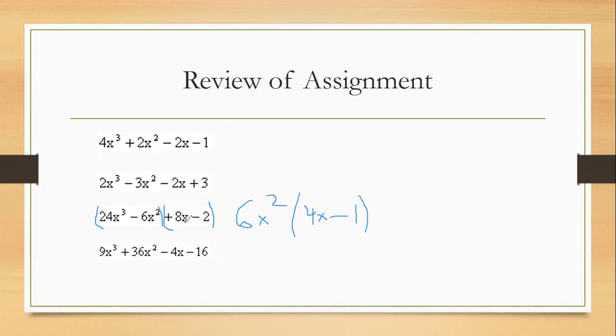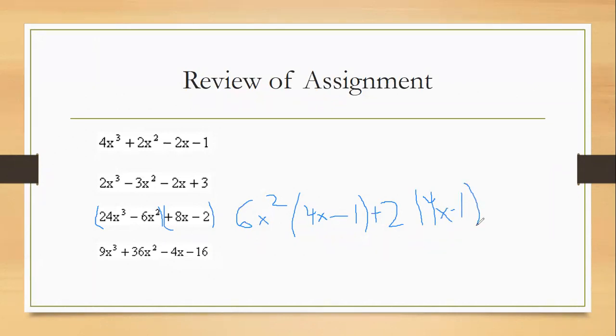Now, each of these terms are divisible by 2. And if I divide them both by 2, I will end up with 4x minus 1. So 2, 4x minus 1.